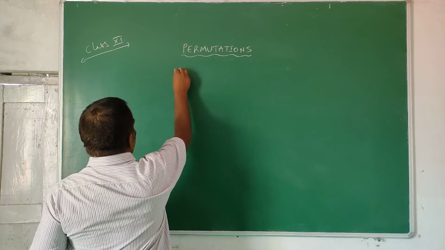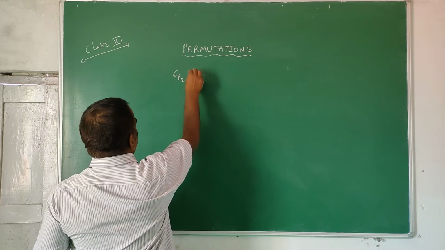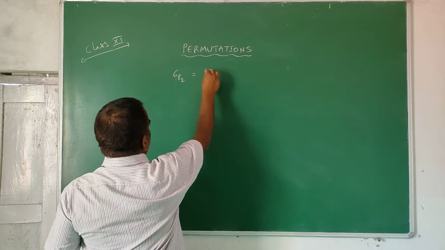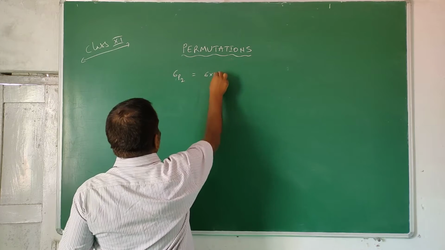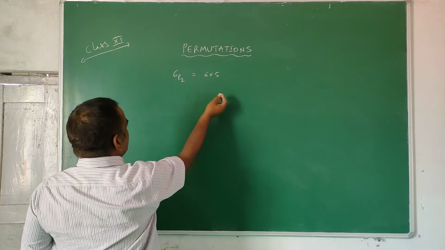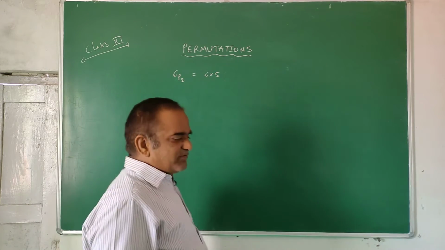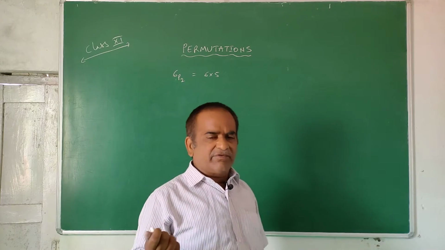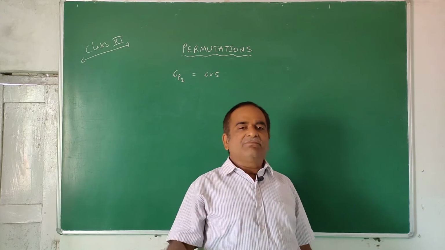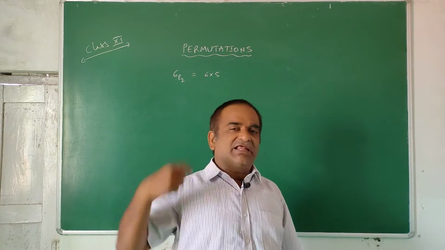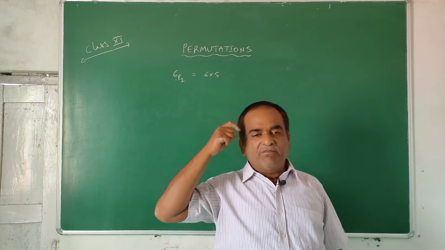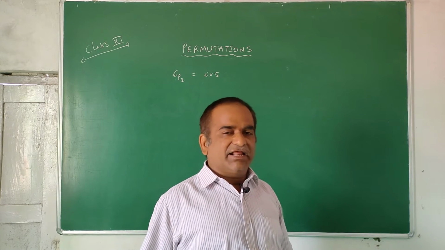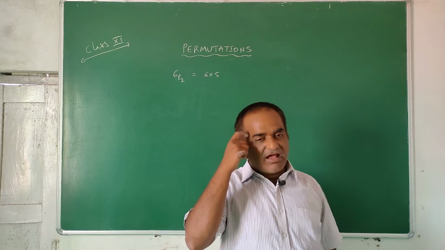Now suppose you want 6P2, for example. If you use the original formula, it is just 6 into 5. You can use any one according to your wish, whichever flashes in your mind, but you have to use one.